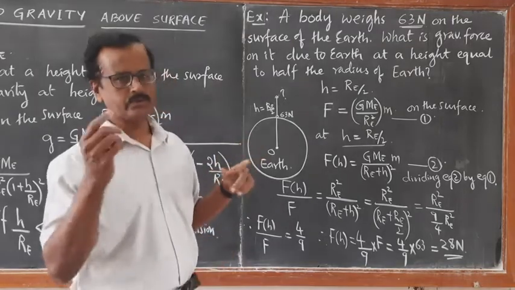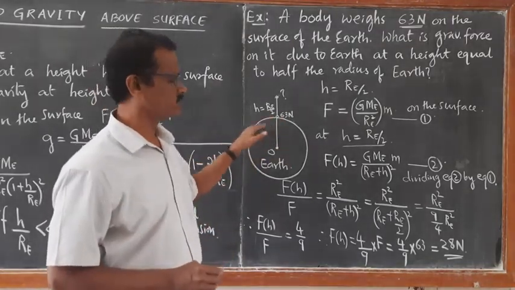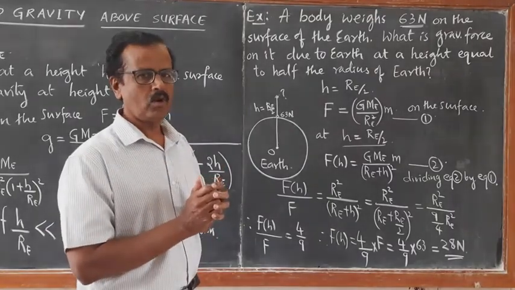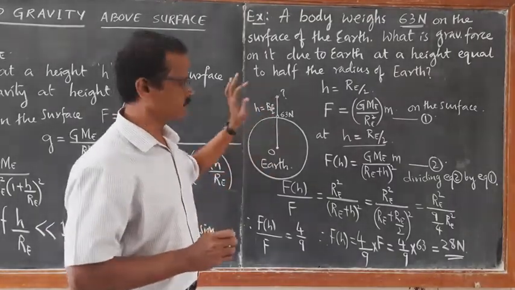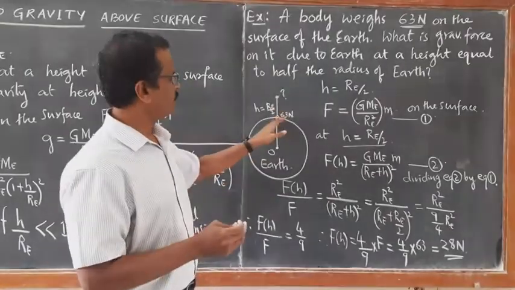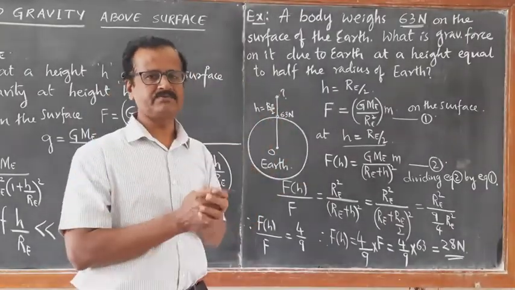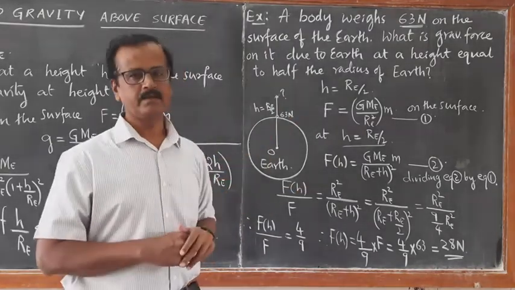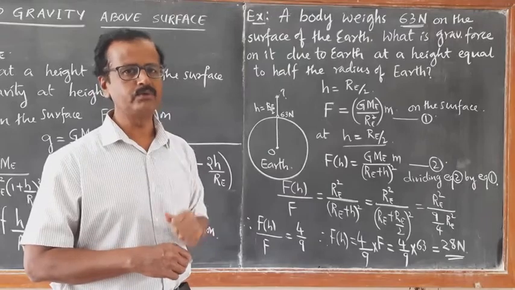I will ask you the question once again. Suppose the weight of the body on the surface of the Earth is W, 500 Newton. What should be the height above the surface of the Earth at which the weight of the body becomes exactly half? You can calculate that height h using the same equations. I think you will be able to do it.